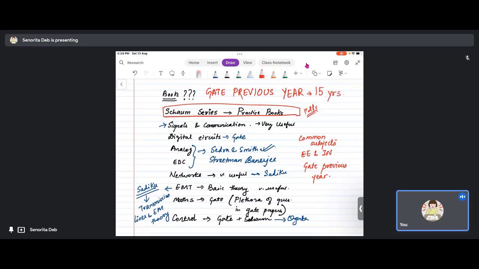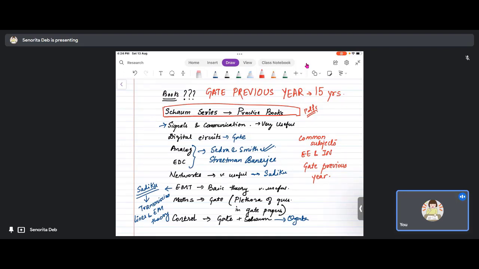Don't go to very old papers like 92, 93. 2022 minus 15, that's what you need, so you can start looking at papers after 2007. I think IIT Kanpur had set the paper in 2007, so after 2007 you can start looking into it.